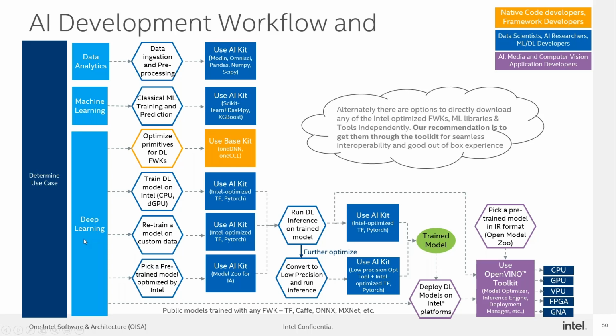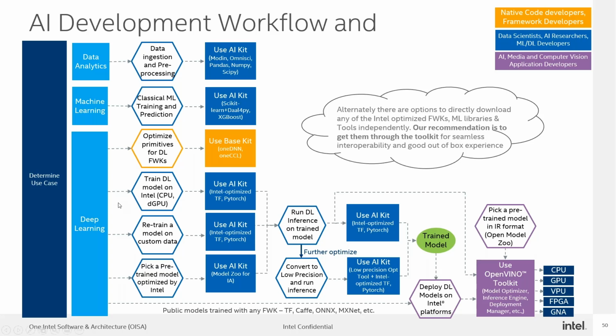For the deep learning part, if you would like to implement a framework, let's say you are not satisfied with TensorFlow or PyTorch and would like to write your own framework, then you can consider using oneDNN or oneCCL as the acceleration library.